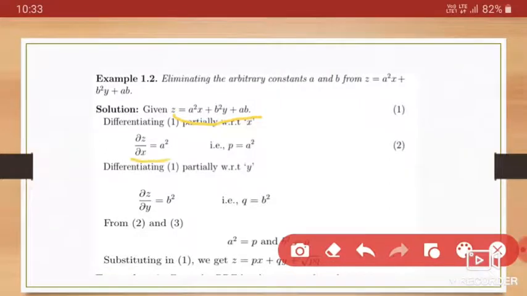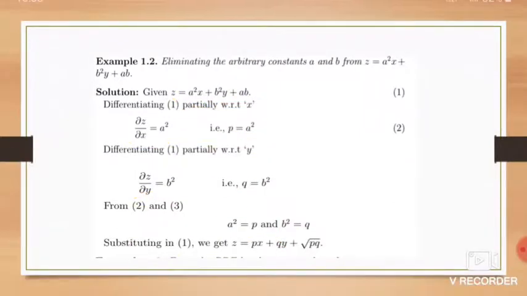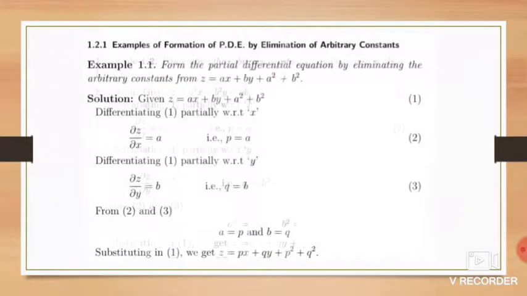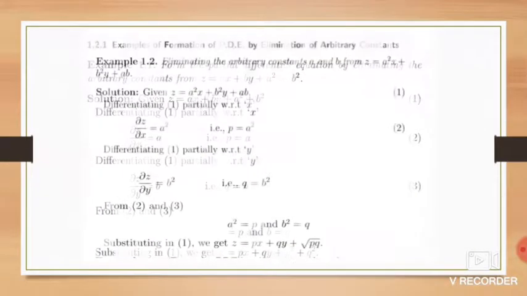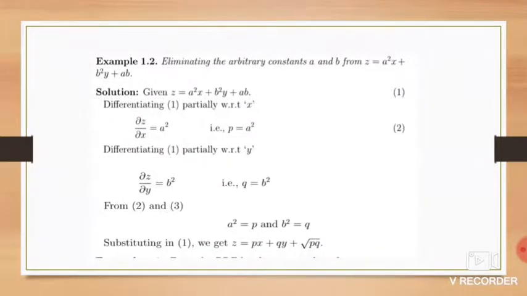So del z by del x is a square, that is p is equal to a square, and del z by del y is b square, that is q is equal to b square. Substituting these values in the given equation, we get z is equal to px plus qy plus root of pq.